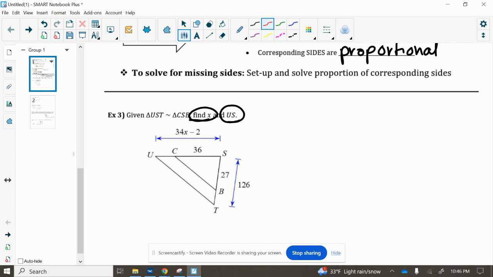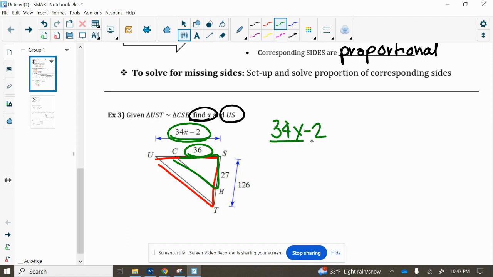Well, we're going to set it up similar to what we have been doing. So notice we have two different triangles, UST. This bigger triangle is similar to CSB, the smaller triangle. And we can take the corresponding side lengths, side of our bigger to side of our smaller. So 34x minus 2, that side corresponds to the side that is 36. And then over on the other side, 126 corresponds to 27.